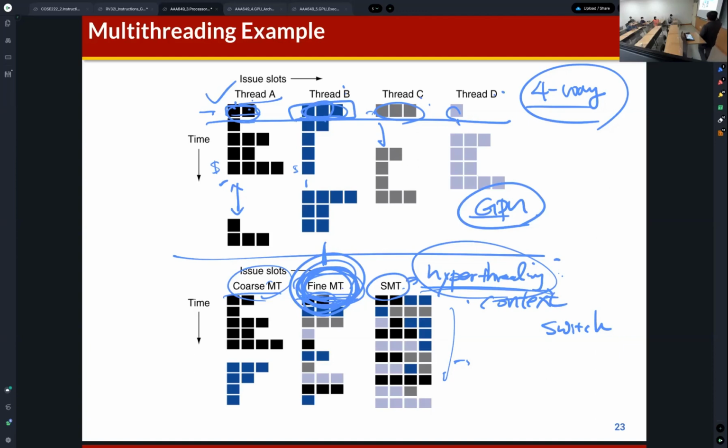As you can see, you can find the instruction frames in multiple threads, thread A, B, C, D. Coarse-grained multi-threading means that if a thread encounters a cache miss, then the requested data should be fetched from the low-level cache or even the main memory, and it will take 100 cycles if the data is fetched from main memory.